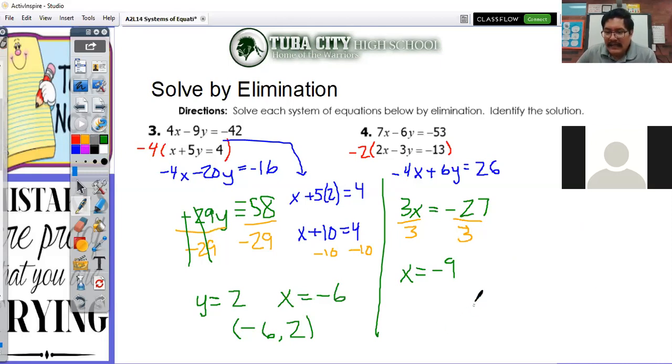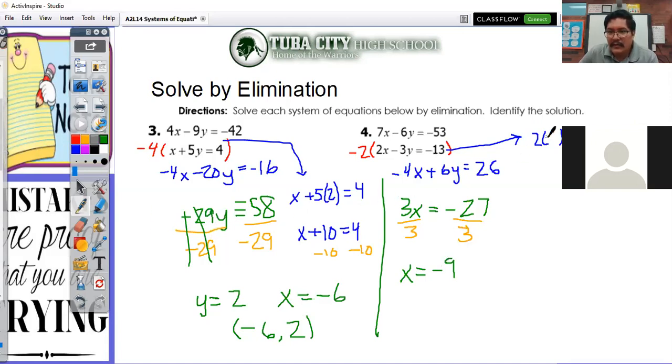Now let's go ahead and go back into one of the originals, and I want to use the original one of this one here. So 2x minus 3y equals negative 13.